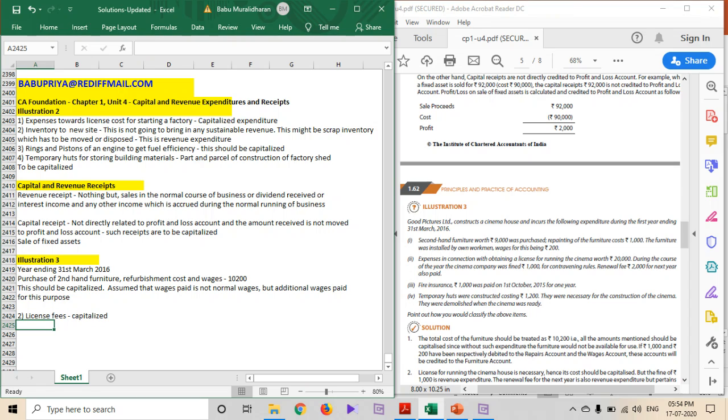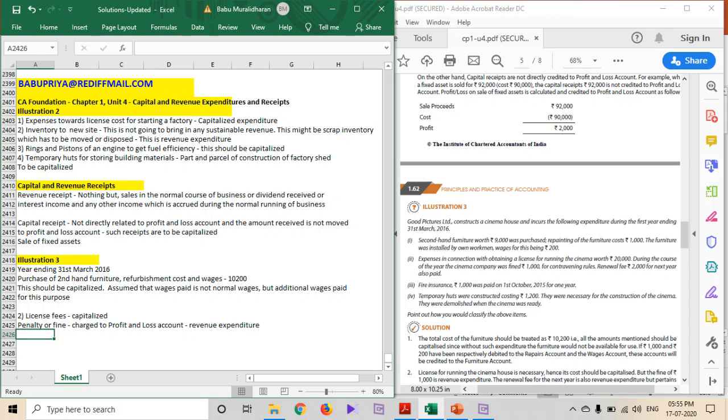And we saw in the earlier example that a penalty or fine is not going to have a sustainable income or last for multiple periods. It is for contravening the rules for the year. This should be charged to the profit and loss account, so revenue expenditure.